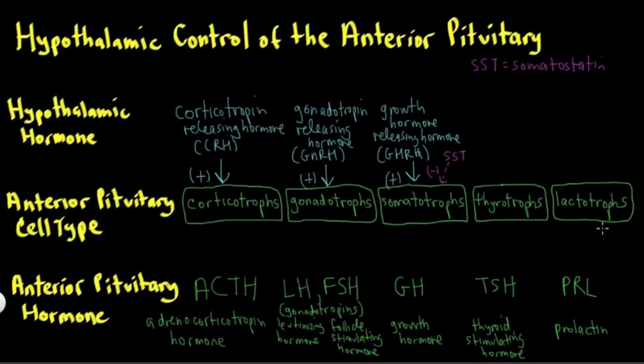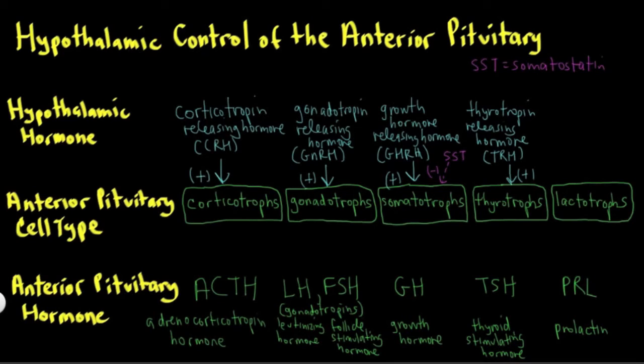So it's a good idea to know that somatostatin can have this effect, although in normal physiology, it's not a dominant controller. Now, if we go and look at the thyrotrophs, thyrotropin releasing hormone is going to be the major controller there, because another name for TSH is thyrotropin. So thyrotropin releasing hormone is abbreviated TRH, and it's a plus, of course, because it's a releasing hormone.